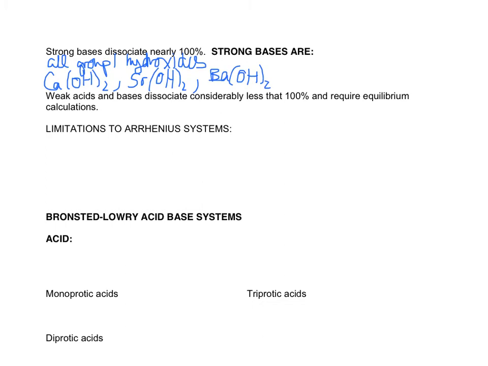So, for this year, we're just going to go with these. And so, unlike the acids, like H2SO4, where the first H+ is the strong one and the second one is weak, in this case, both hydroxides are strong. So that means both hydroxides dissociate completely.